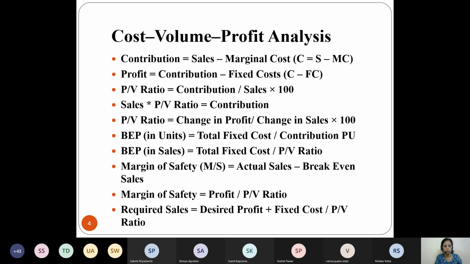Either break-even point in units into selling price, the same answer you will get. Or there is one more formula, the total fixed cost upon PV ratio. Both can be applied to calculate the break-even point in rupees. Have you followed? Yes, ma'am.